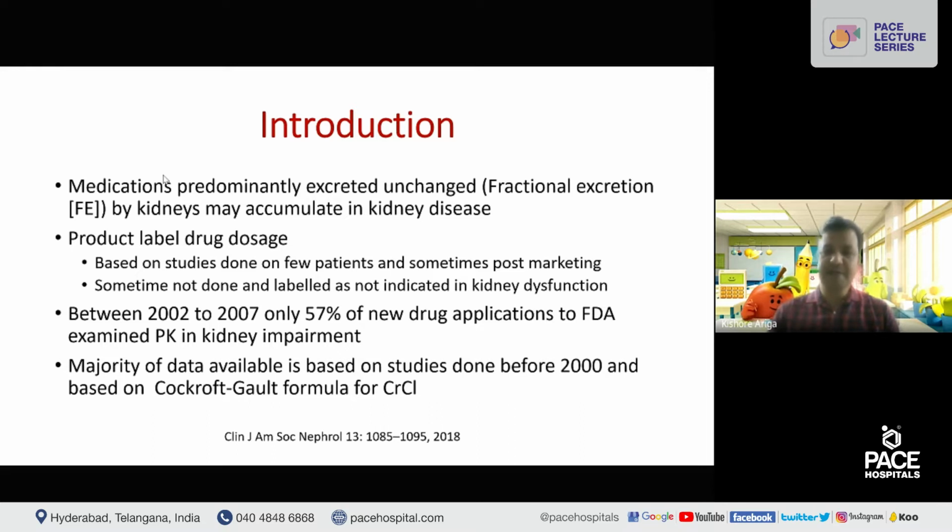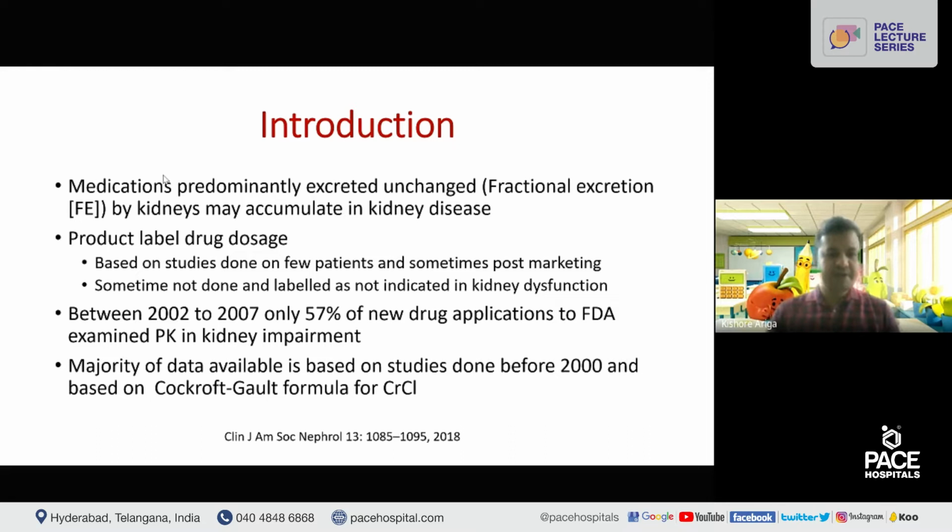So at the time the drug is released, many of the drugs may not have dosage adjustment for kidney disease patients, and they will outright mention that we don't have data, and sometimes it is contraindicated in these patients. They will be labeled as not indicated in patients with renal dysfunction with a specific GFR. So this precludes the patients with kidney dysfunction from the beneficial effects of these drugs.